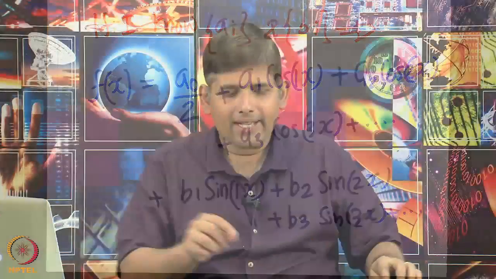If I know the a's and b's, we can get f of x. This is the basic idea that we would learn. Now let us see how we do this. Let us look at this again once more.